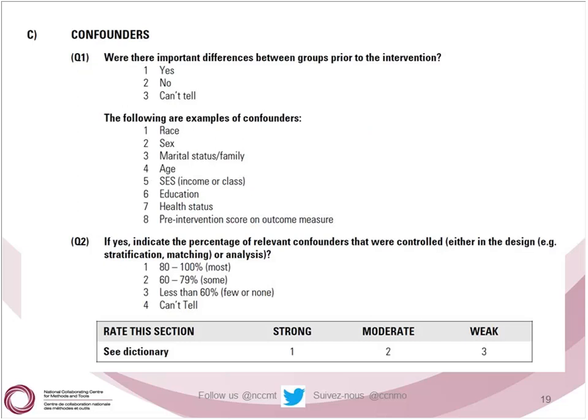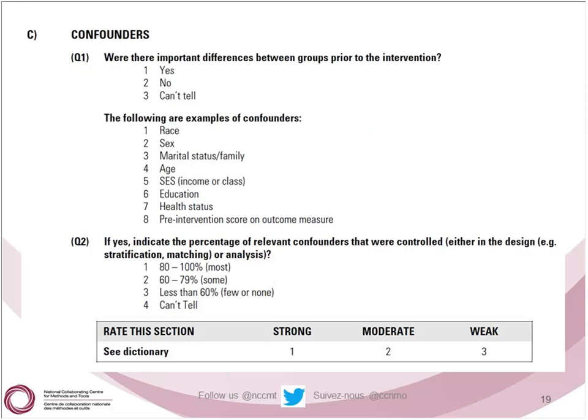As we move on now to our confounders, here we want to know if the researchers have done a good job in controlling for items that may explain an impact of the intervention that has really nothing to do with the intervention. So are there differences between the groups on variables?